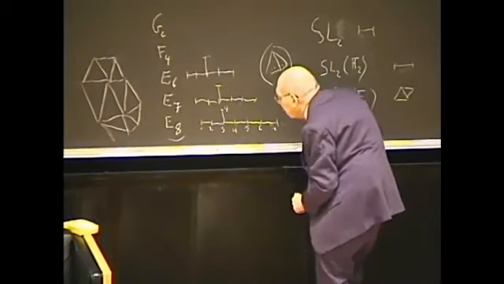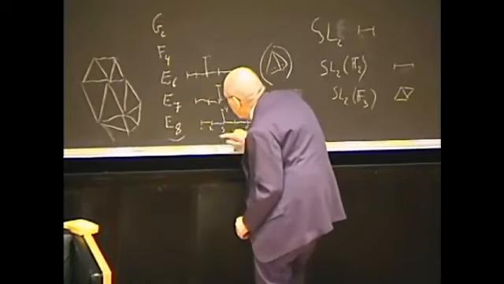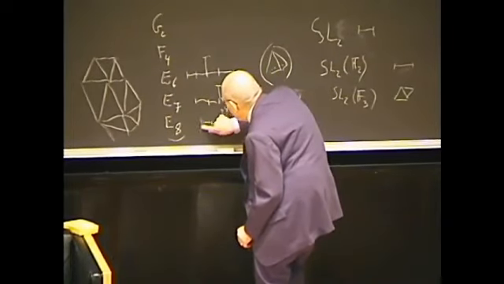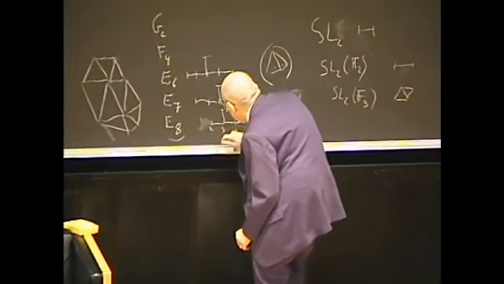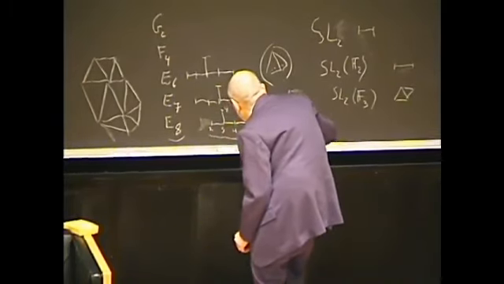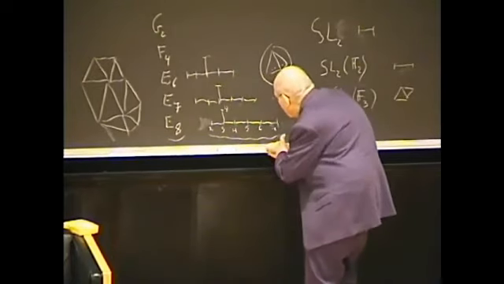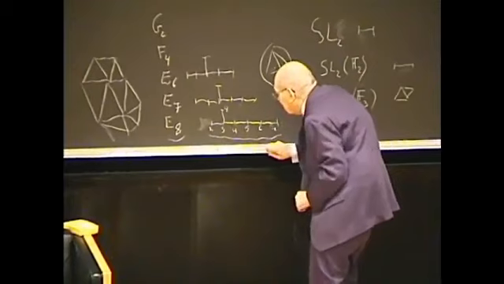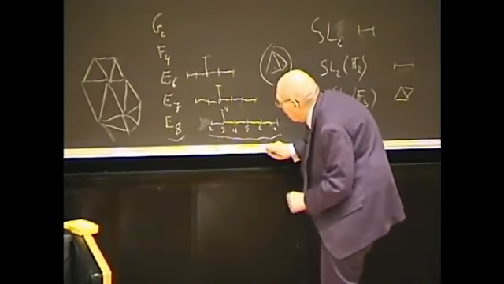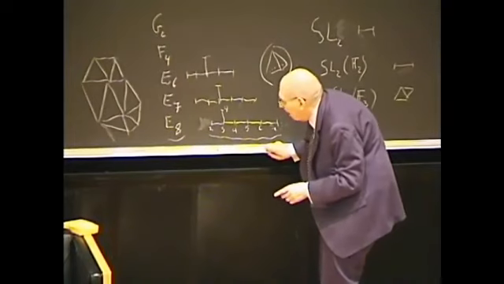If I take this picture, and if I remove the vertex of type 1, I get something that people who know will recognize. It's a picture of type D7.